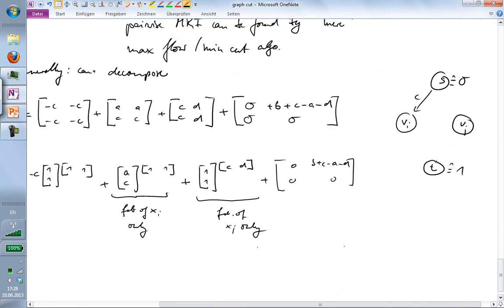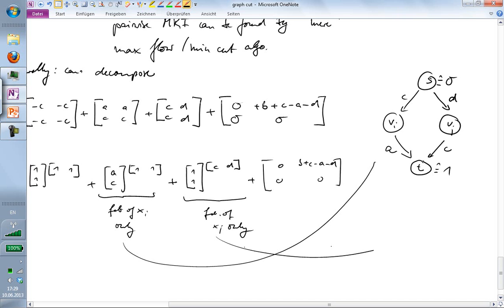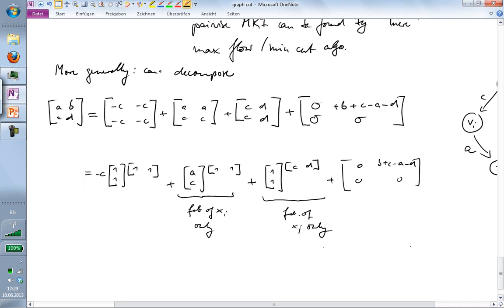So this is why I'm getting a C here and then an A there. So these arrows together represent this function of xi only. Now similarly, I can represent my function of xj only by having a D and a C. This is now the right side of this graph. The constant term here I'm not plotting at all.